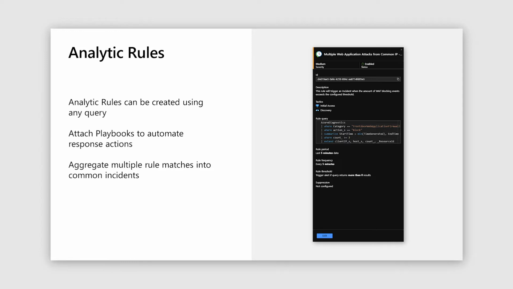There's lots of other settings within each analytic rule that I won't get into right now, but the main point is that you can use an analytic rule along with a query that you've constructed that looks for threats within Azure Firewall data, WAF data, DDoS protection data, whatever it is, and you can create incidents based on what you've detected by that query.